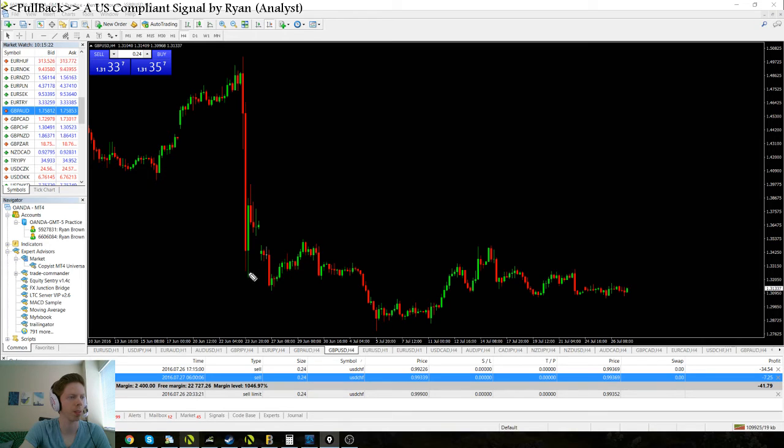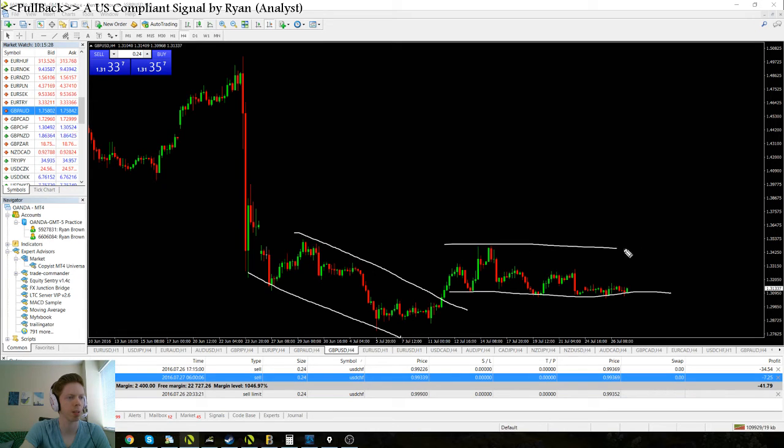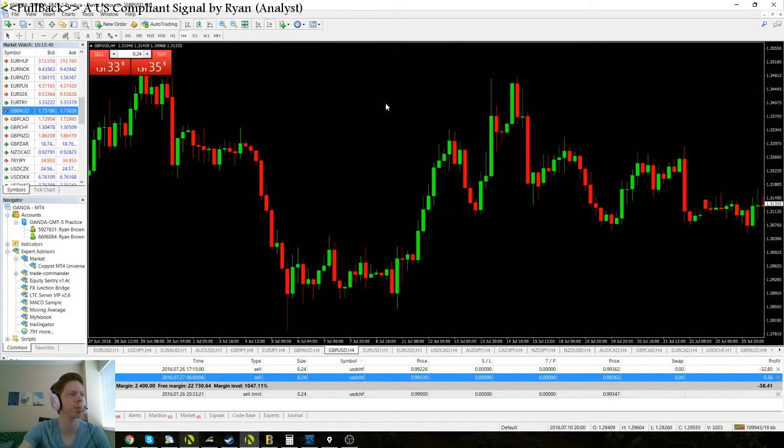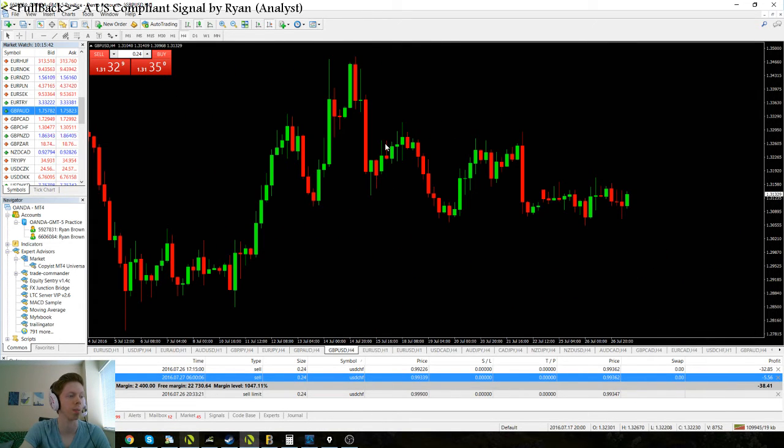Since the Brexit, we had some trend line movement, but it's definitely been in this type of range movement for the last while, for almost 2 weeks now. Not a great pair to trade right now. If you're looking for volume, I would trade any of the other pound pairs really.